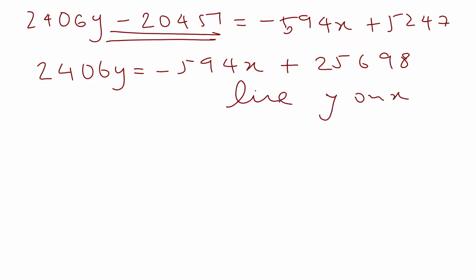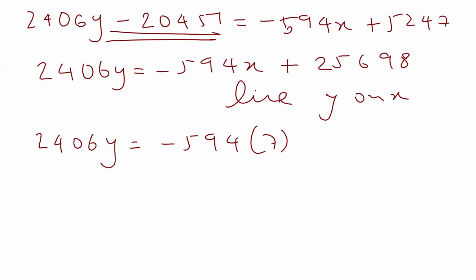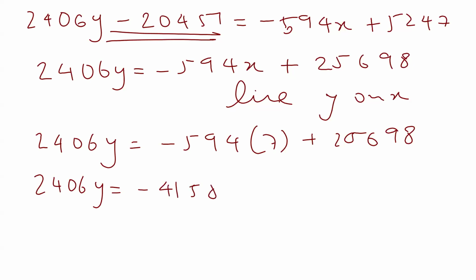Now in this particular line, we are going to put the value of x as 7, because our question was to find the value of y when the value of x is 7. Plus 25698. So 2406y is equal to, let's multiply this, 594 into 7, 4158, minus 4158 plus 25698.